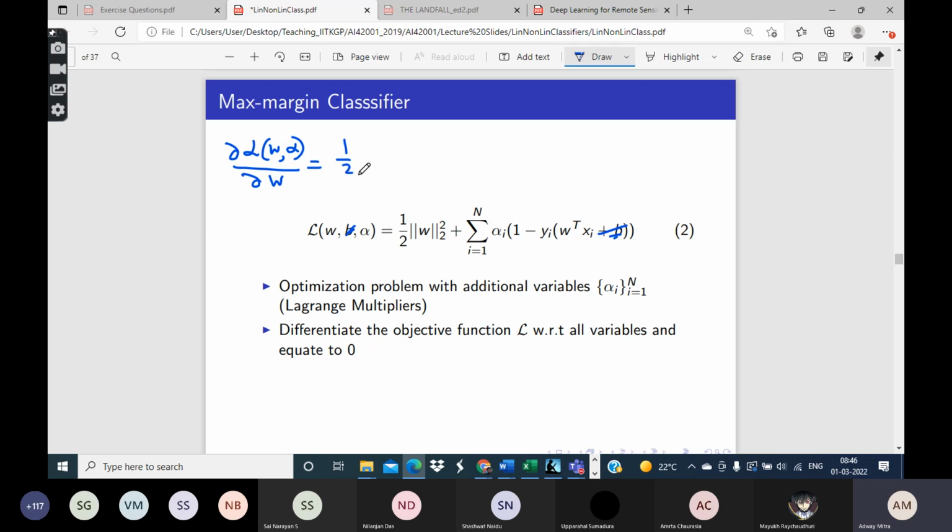So half comes out and we apply the formula which I just mentioned, so you will get twice W. Plus, the first term here is simply the summation over the alpha i's.